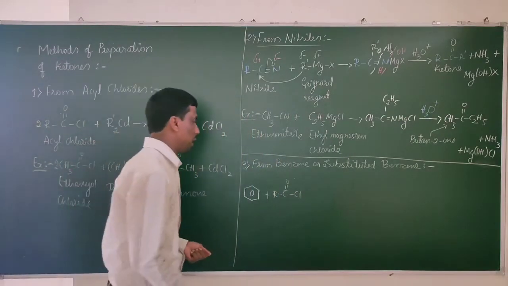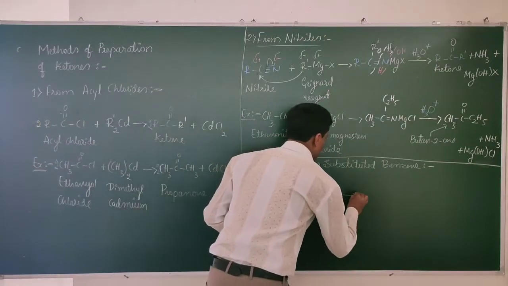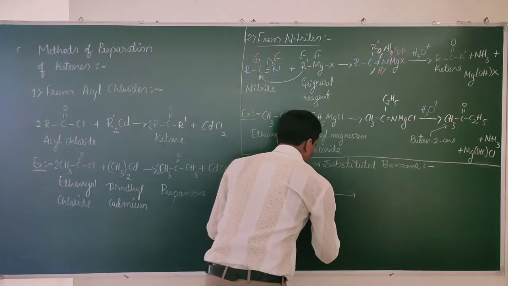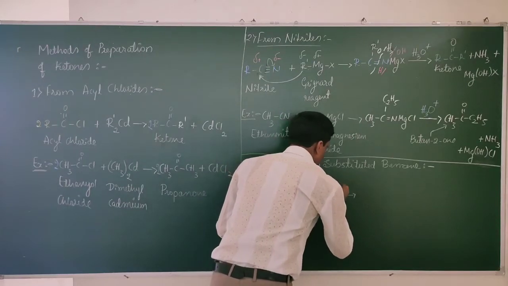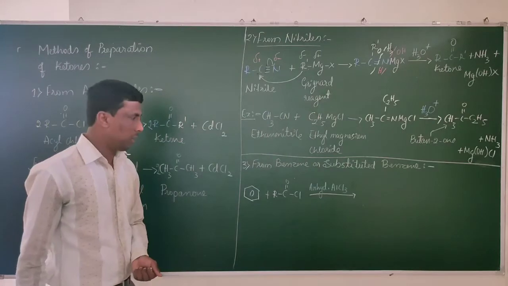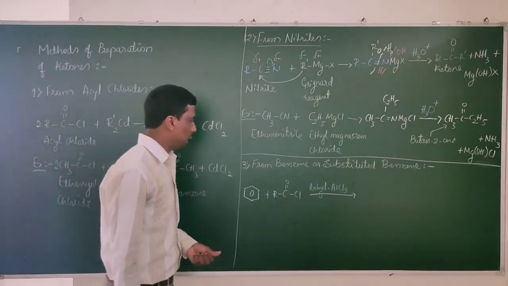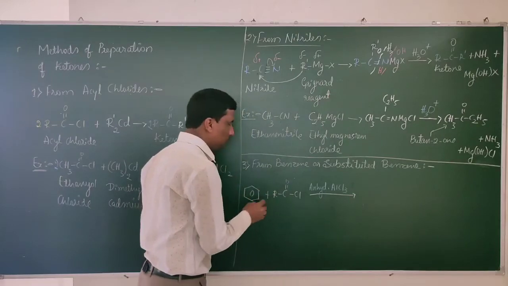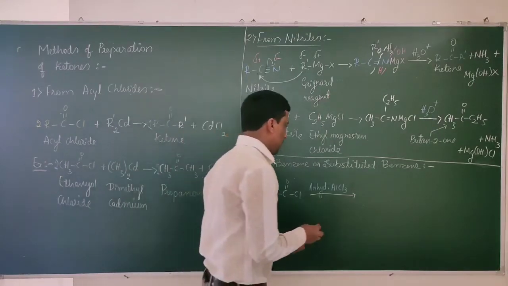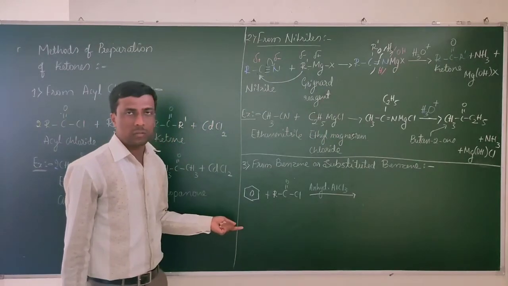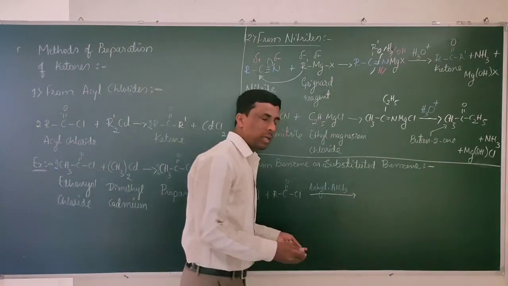Benzene reacts with acyl chloride in presence of anhydrous aluminum chloride catalyst. What happens? This RCO group will join to the benzene ring. This is nothing but the electrophilic substitution reaction of benzene. You already discussed this one.